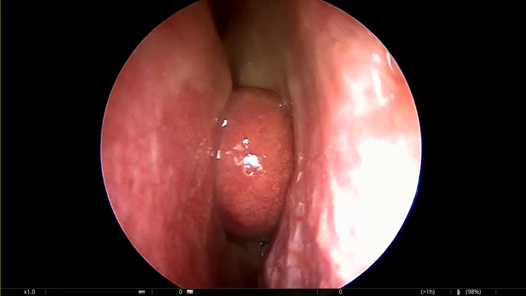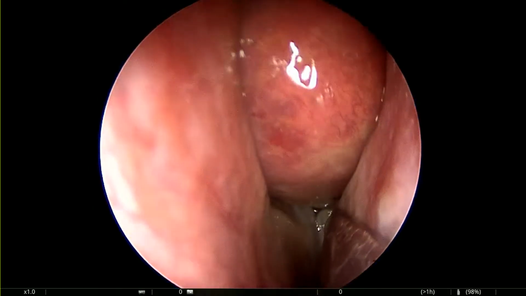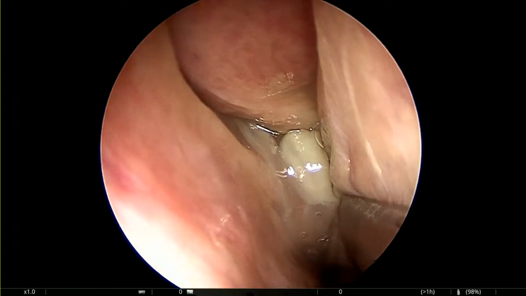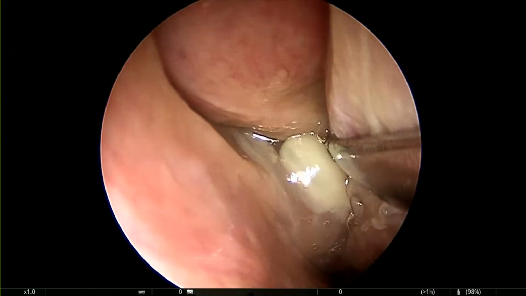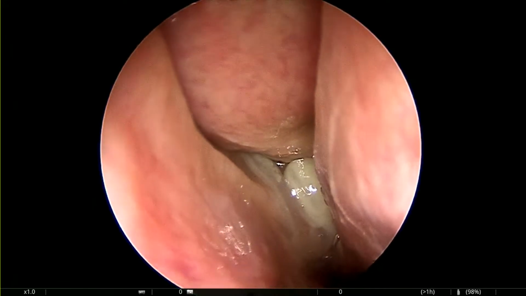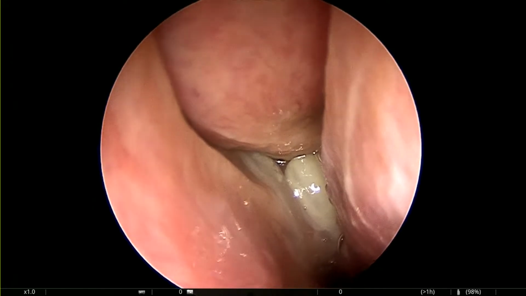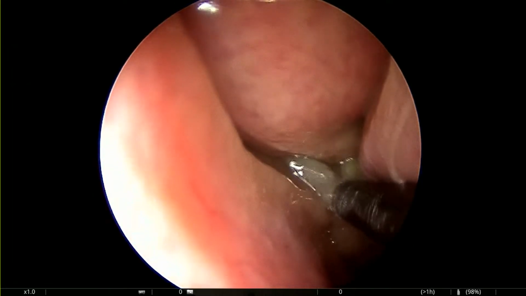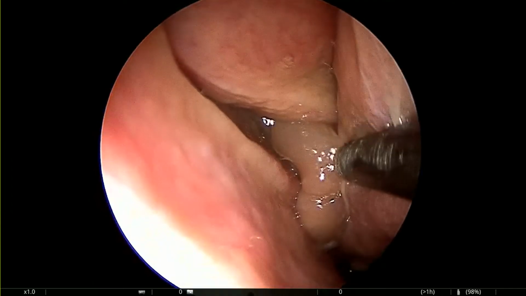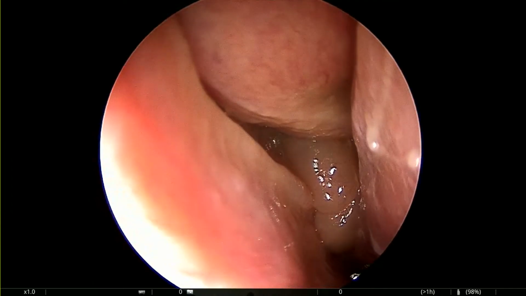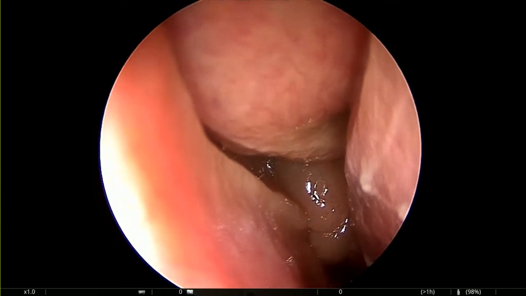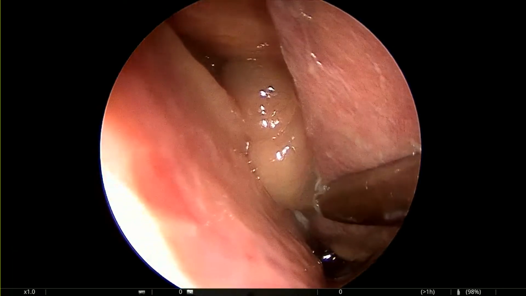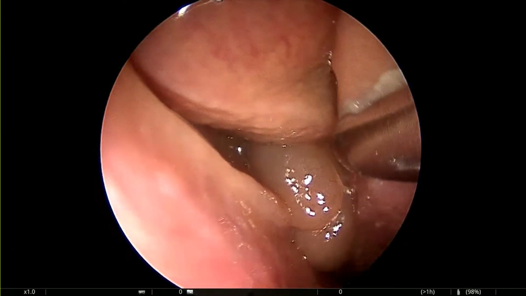Behind, you have this polyp, with secretion. I think it's probably a sphenochoanal polyp due to the aspect.